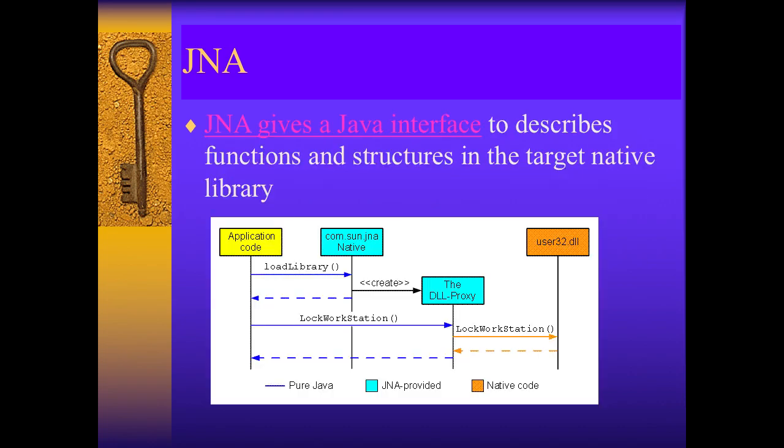So with the Java native architecture, you get a Java native interface by a proxy. So he creates what is called a DLL proxy, which then does an invocation. And so JNI provides you with a JNA.jar, which gives you the ability to dynamically load the proxy library so you can do your invocations. And you can get to DLLs for Windows or .so files for Unix or the Mac.